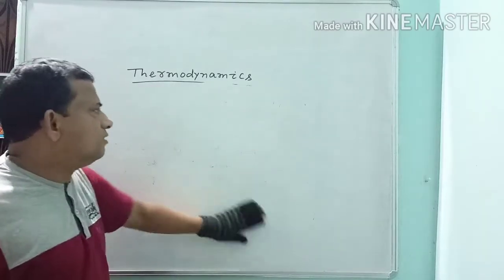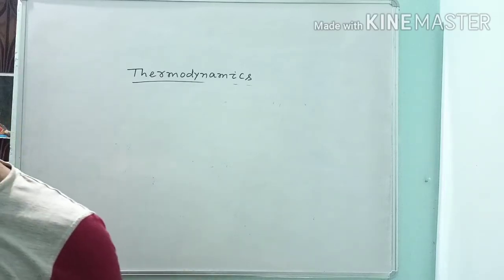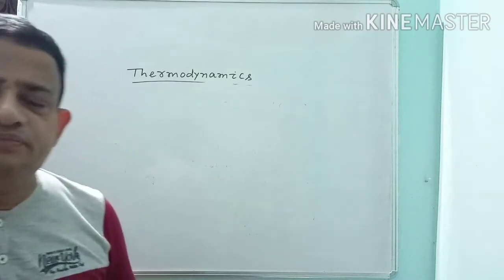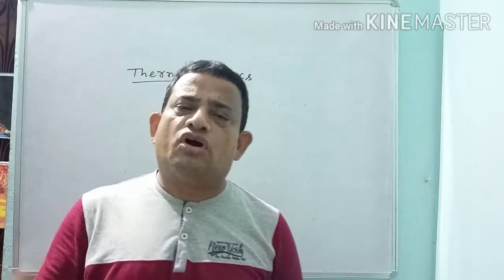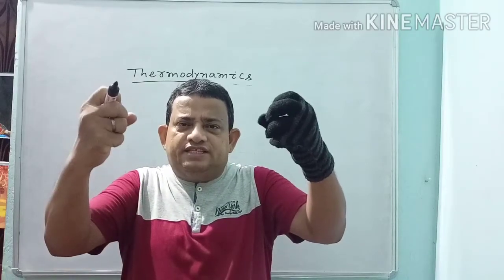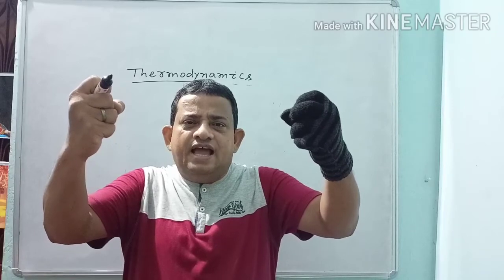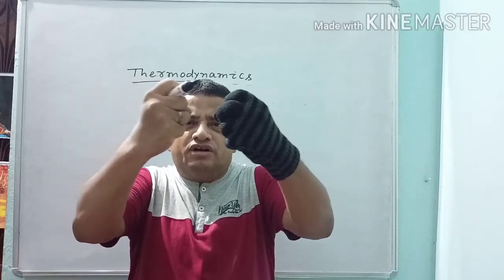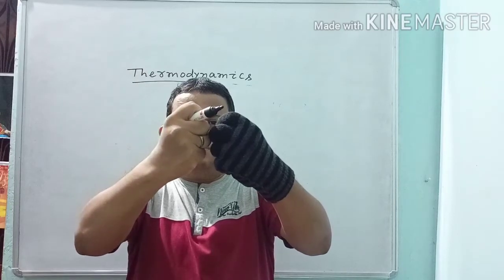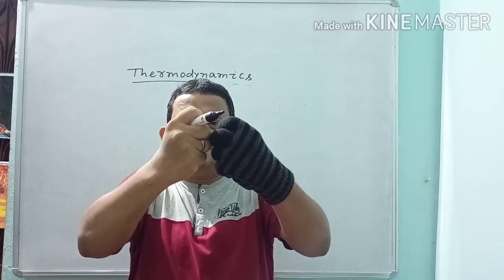Also, in thermodynamics, some other terms are there, like your thermal equilibrium. So what is this thermal equilibrium? Suppose you take two bodies, A body, B body, and come in contact. So when two bodies are coming to contact, what happens?